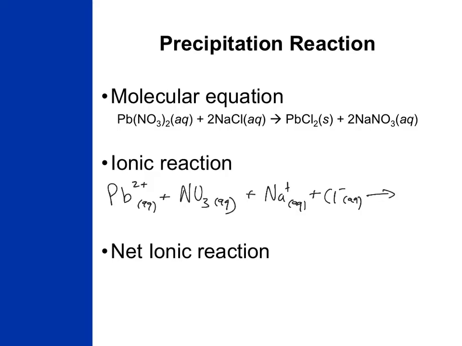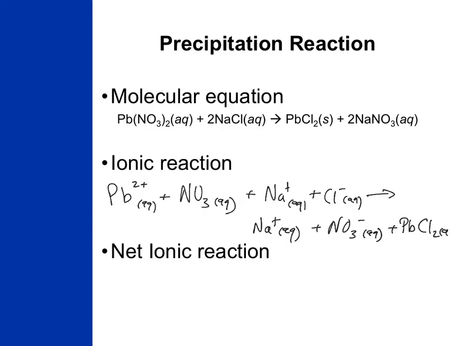And then what else is going to be aqueous in solution? We can see from our balanced chemical reaction, you also have, on the product side, some sodium ions that'll form. We still have nitrate ions that'll form. But we also have something that's no longer in solution. We have this solid. That solid, it's not going to break apart.